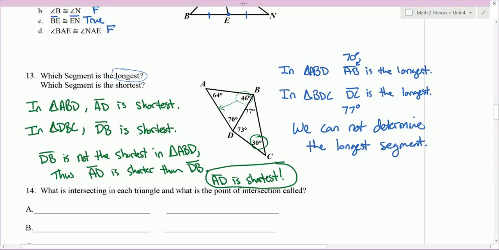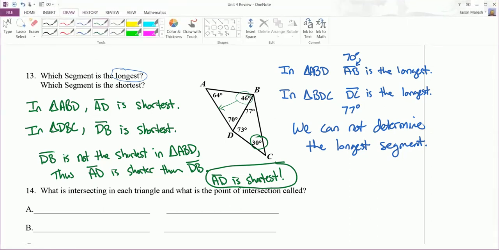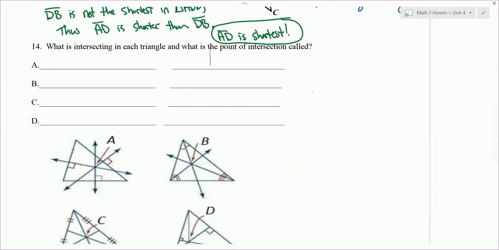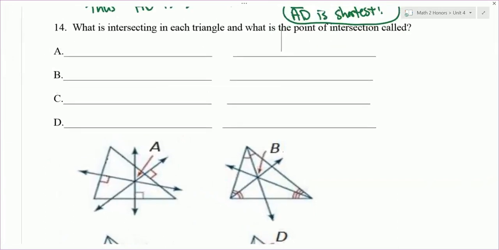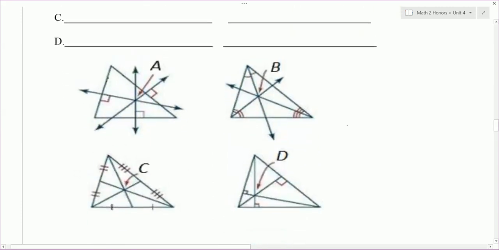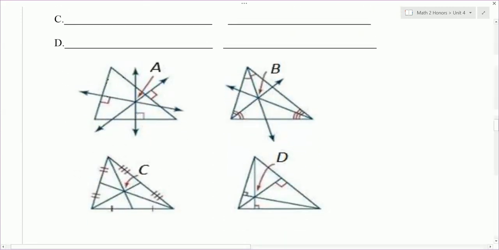Okay, number 14. What is intersecting in each triangle, and what is the point of intersection called? So if we look at triangle A, what's happening in triangle A is we have perpendiculars drawn in. So each segment is perpendicular to its side.